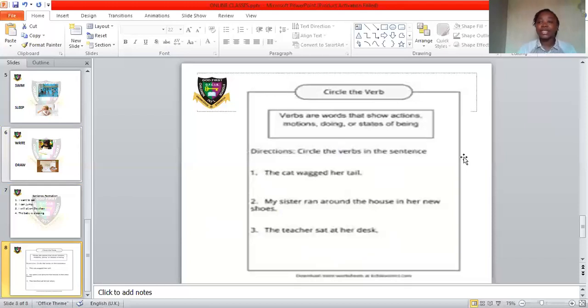Sat is the past tense of sit. That means the teacher already stood up from her chair, but she was sitting on her chair. The verb in that sentence is sat.